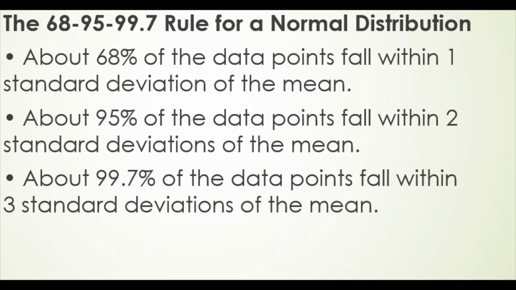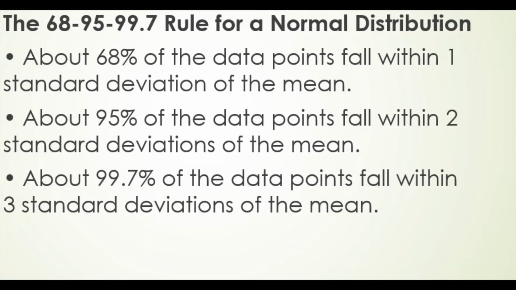So the rule is that about 68% of data values fall within one standard deviation of the mean. That is, between one standard deviation below the mean and one standard deviation above the mean. In that entire region, you're going to find 68% of the data values.